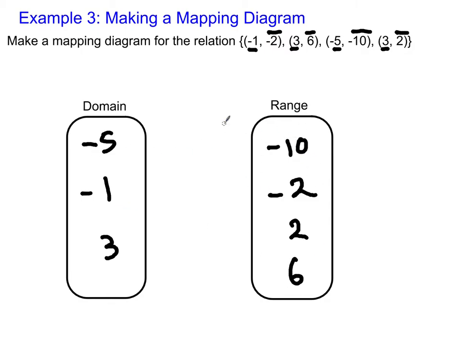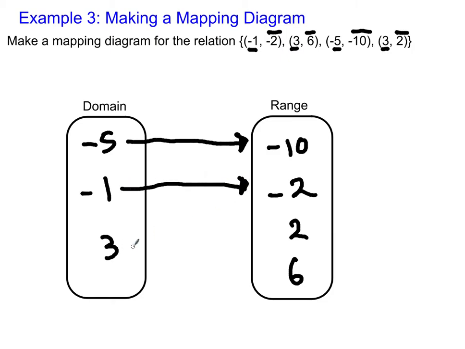And now what a mapping diagram is, you show which input value maps to which output value. So we go up here and we look at -5. -5 and -10 are an ordered pair. -5 maps to -10. That's how you would say that. And then -1 maps to -2.